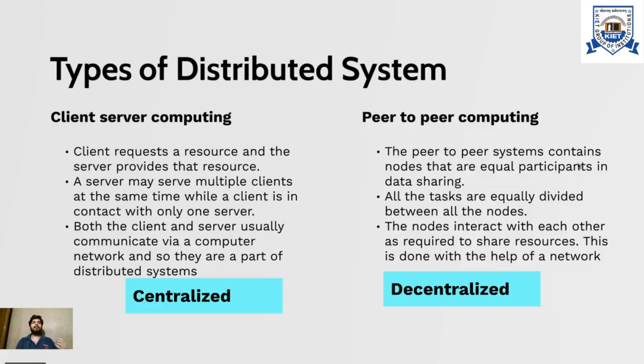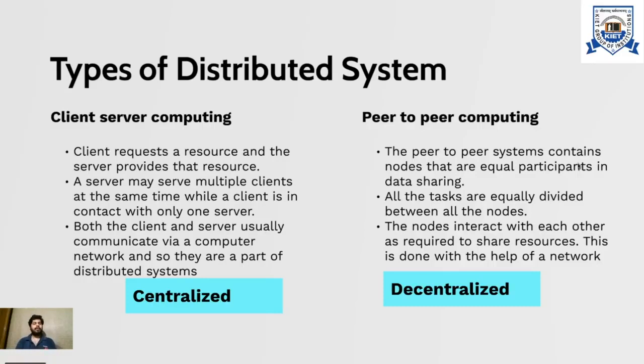Based on your request, Facebook first authorizes you, then gives you the proper resources, the feeds that you want, right? It is possible that many users may be logging in to that Facebook server at the same point of time, and it is serving multiple requests. But obviously you are requesting with one server.